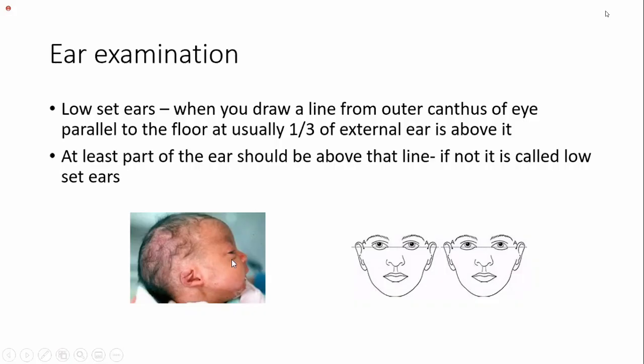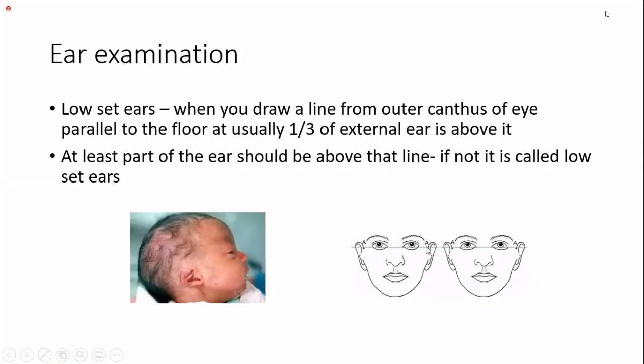Another important thing about ears is that you have to check for low set ears. When you draw a line connecting both the inner and outer canthus of the eye, both the inner margin and the outer margin, in normal people about one third of the external ear is above that line.